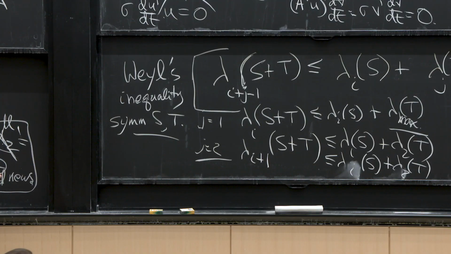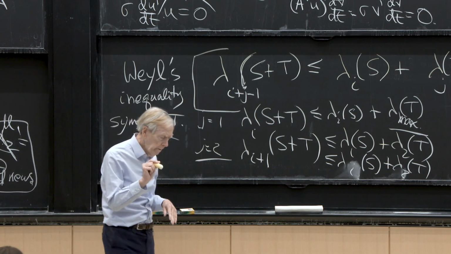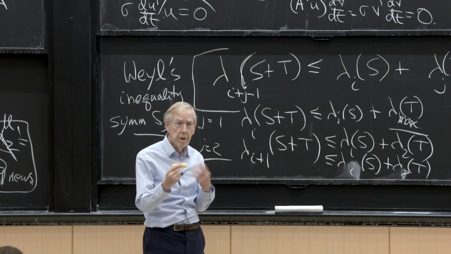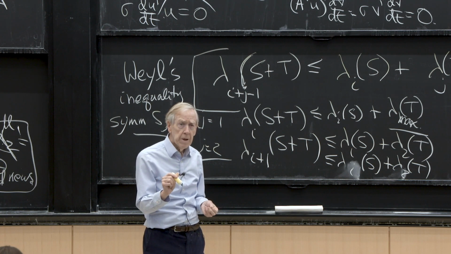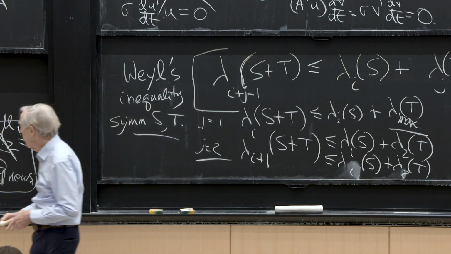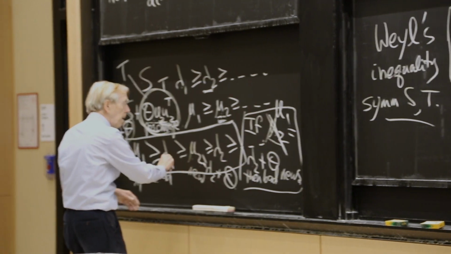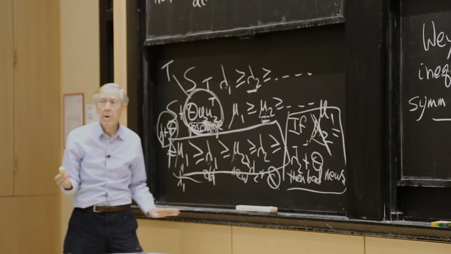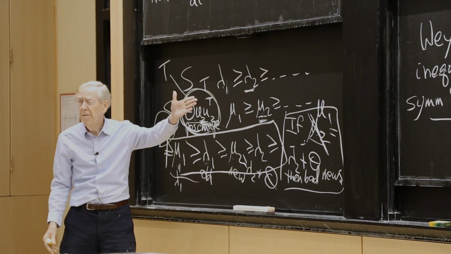So I think maybe that's what I want to do about interlacing, just to say what the notes have, but not repeat it all in class. So the notes have actually two ways to prove this interlacing. The standard way that every mathematician would use would be Weil's inequality.